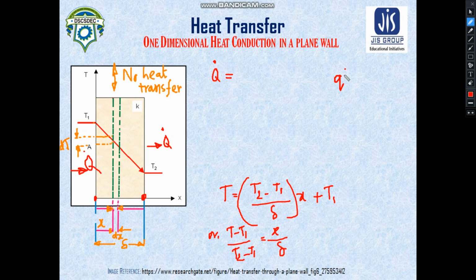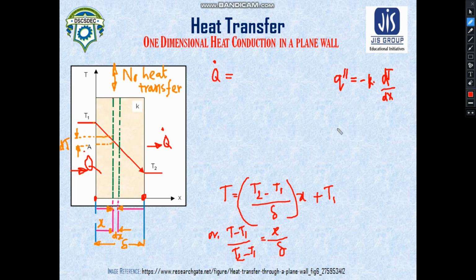Okay, that means Q double prime is equal to minus K into dT dx. Since the material is isotropic and homogeneous throughout its mass, we have taken this constant thermal conductivity.